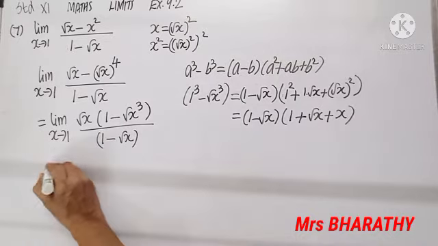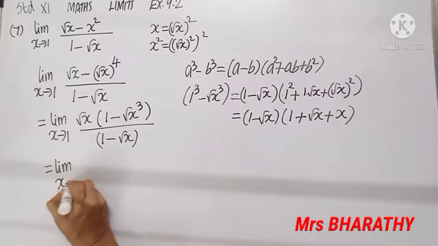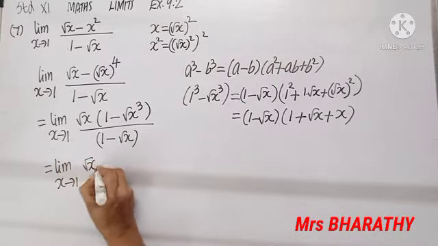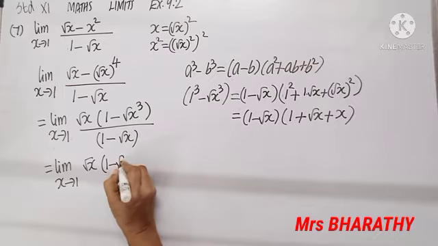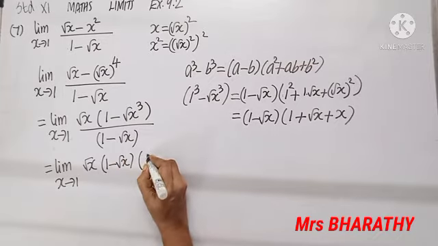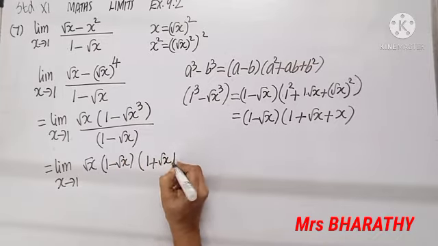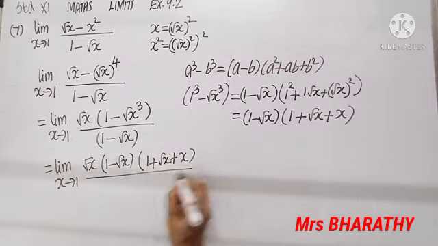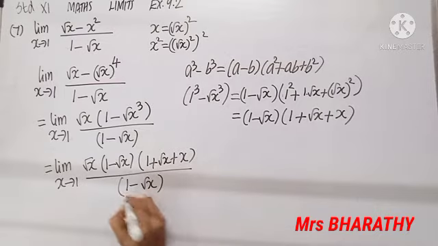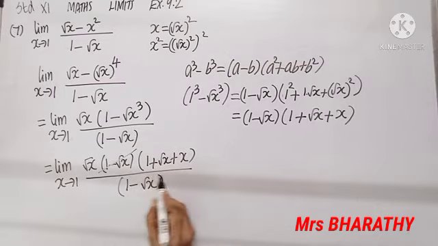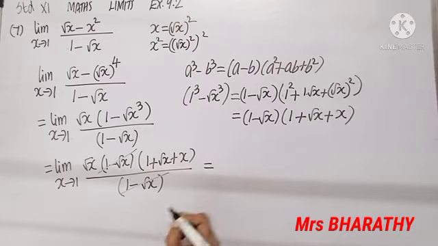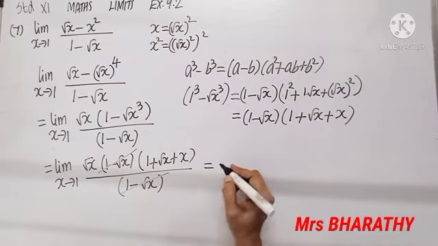As we substitute, limit x tends to 1, root x into 1 minus root x into 1 plus root x plus x, the whole thing divided by 1 minus root x. Cancelling 1 minus root x. And then let us apply the limit.